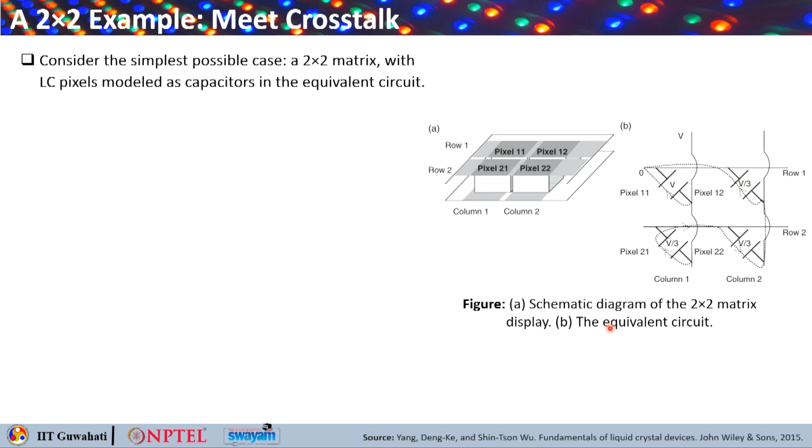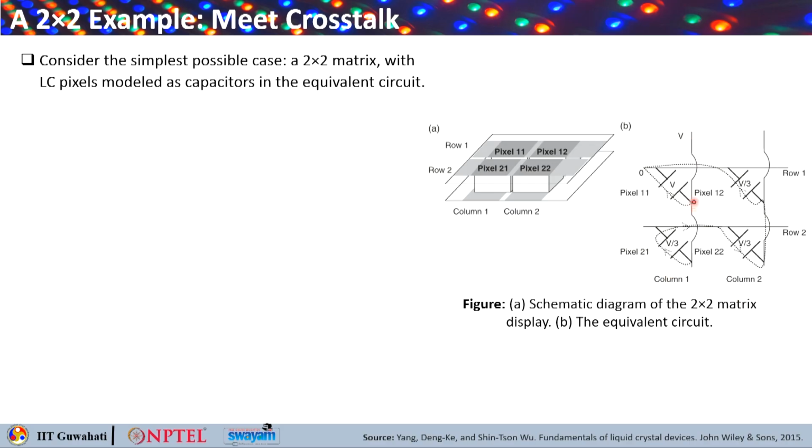Okay, so here we are basically addressing a concrete problem with the smallest possible example. We are considering a 2 cross 2 matrix, where you have 2 rows and 2 columns, and the liquid crystal pixels are modeled as capacitors in this equivalent circuit.